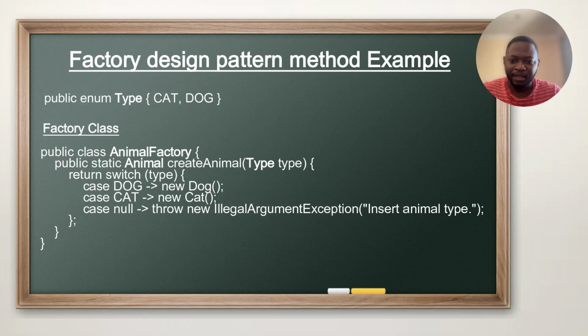And the only thing that we need to do is come to this createAnimal method and add the case for the fox, and then return the fox object.